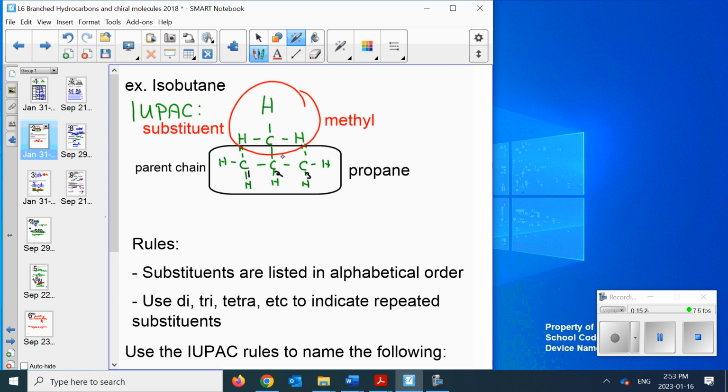Well, we have to say where it's from. So we know we have propane. I kind of do the names backwards, okay? As in, using the rules, propane. Then I'm going to write on the left-hand side, what's attached to the propane? It's a methyl group.